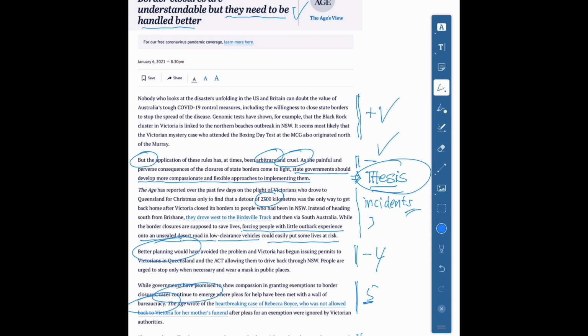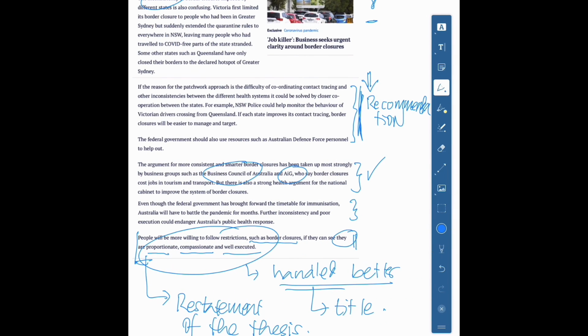In paragraphs 3, 4, 5, 6, 7, and 8 here. And after giving the examples of what needs improvement and why, the author gives us the recommendations of what the government should do, starting from here at the second half of the editorial.